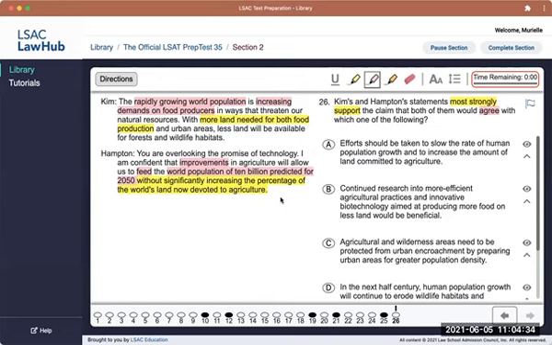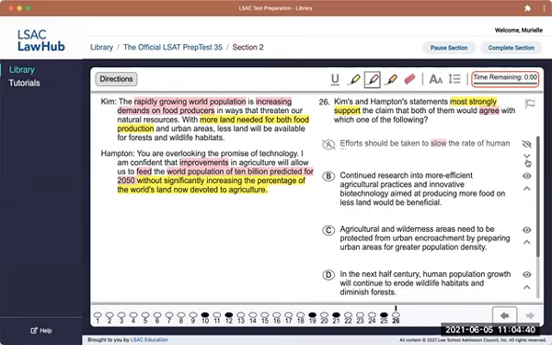Okay. A, efforts should be taken to slow the rate of human growth. No, neither of them talks about slowing the rate of human growth. B, continued research into more effective agricultural practices and innovative biotechnology aimed at producing more food on less land would be beneficial. I imagine they would probably both agree that that would be beneficial.